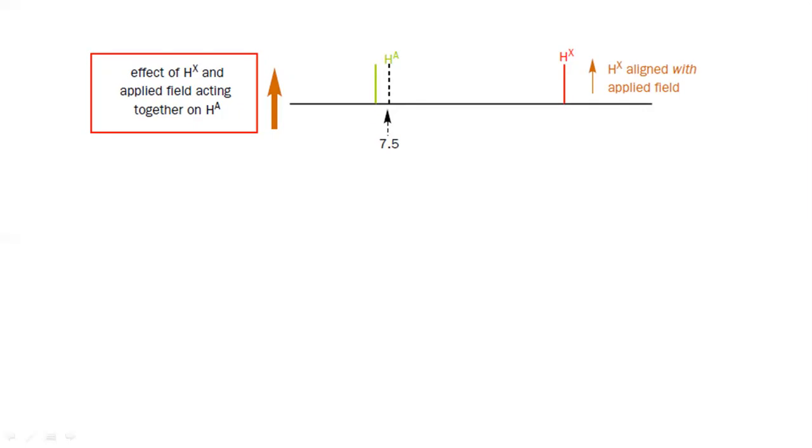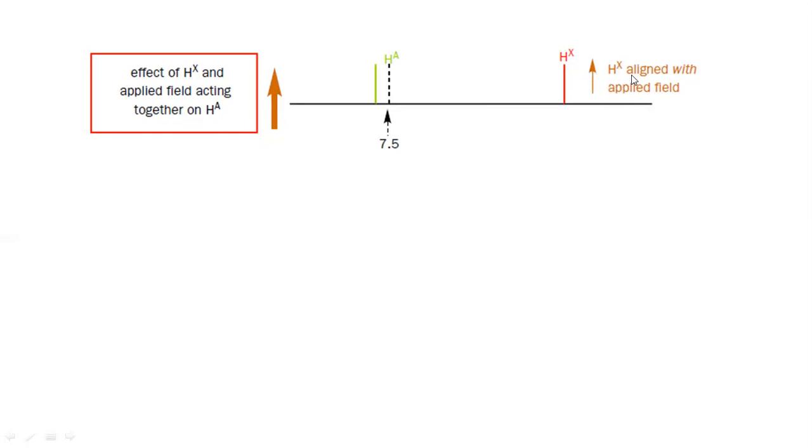One more important point: if you see this one, what is the meaning of this and what is the meaning of this? From the basics we should know. This arrow means the applied field. What is the meaning of this?